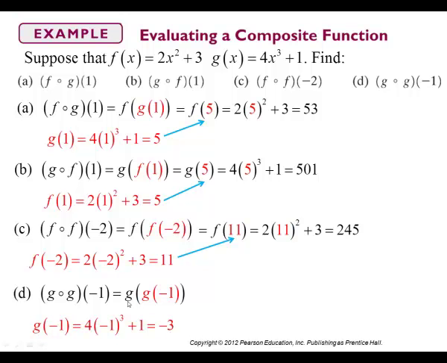You should have said that we're going to put that back into the g of x equation again. We're taking the output of the inside function and putting it into the outside. The output of the inside function is going to be the input of the outside. And so we get negative 107.